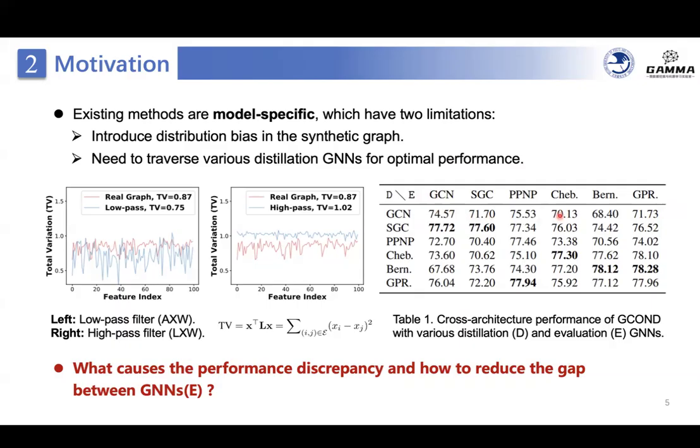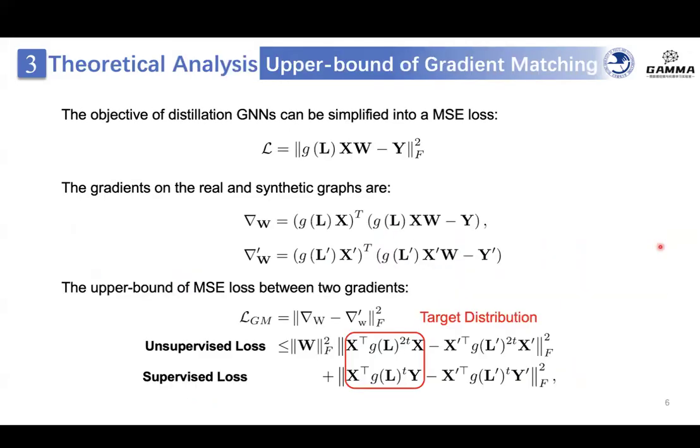To realize this goal, we naturally ask what causes the performance discrepancy and how to reduce the significant gap. And then we provide a theoretical analysis of existing distillation, taking gradient matching as an example.